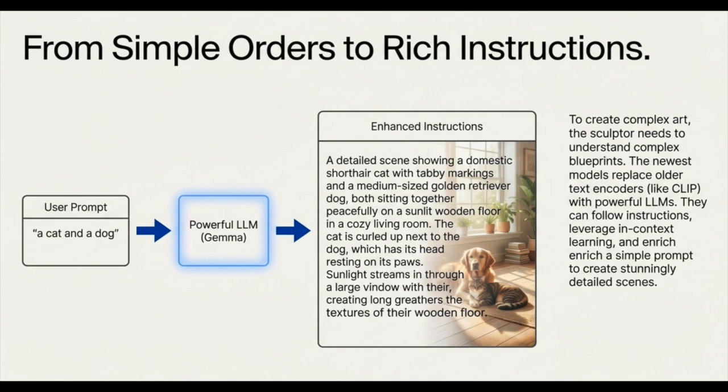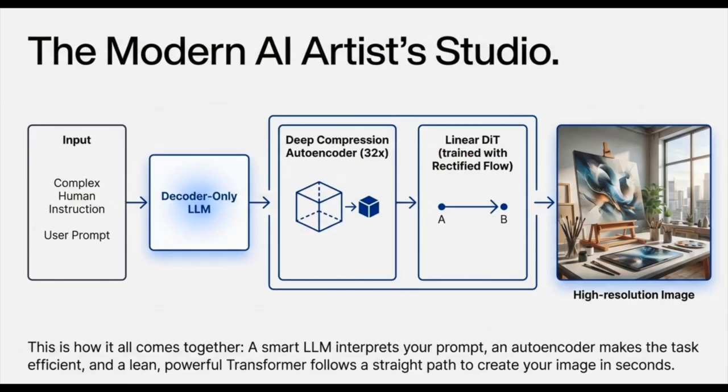So if flow matching solved the math problem, you still need an engine that can actually run this at a massive scale. Which brings us to the big architectural upgrade. The shift from the old UNet to the diffusion transformer, or DiT. What was so wrong with the UNet? The UNet was a workhorse, a powerhouse for its time, but it was designed to operate in pixel space, processing images layer by layer.